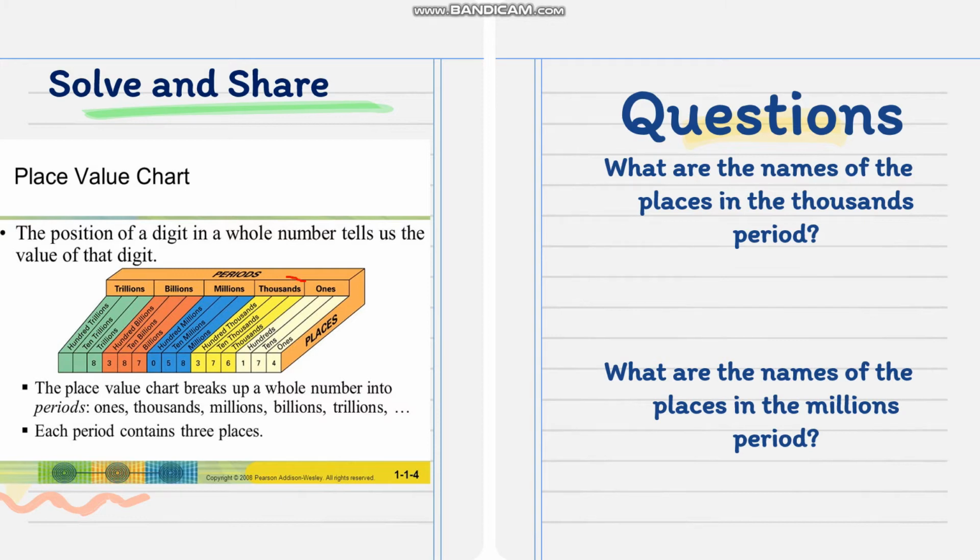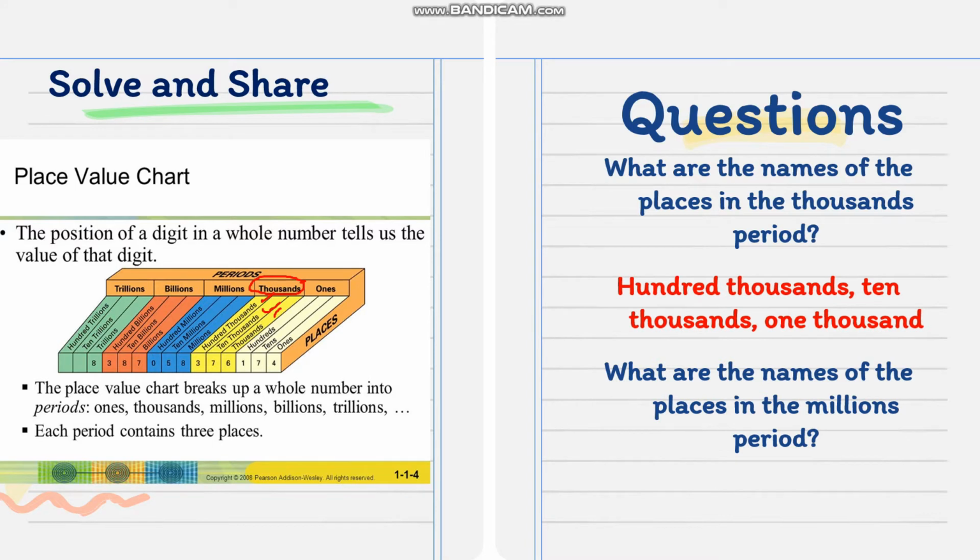So this is the thousands period, and the names of the places are thousands or 1,000s, 10,000s, and 100,000s. Next, what are the names of the places in the millions period? So this is the millions period. So we have 1 million or millions, 10 millions, and 100 millions.